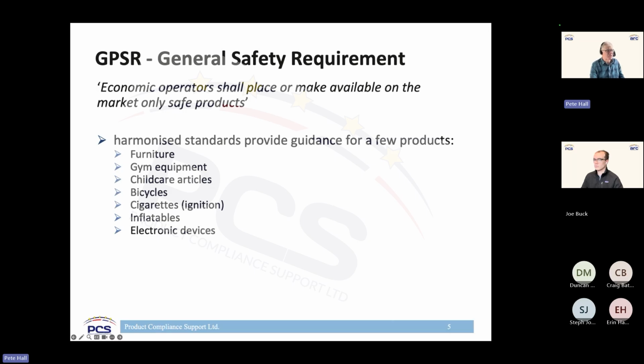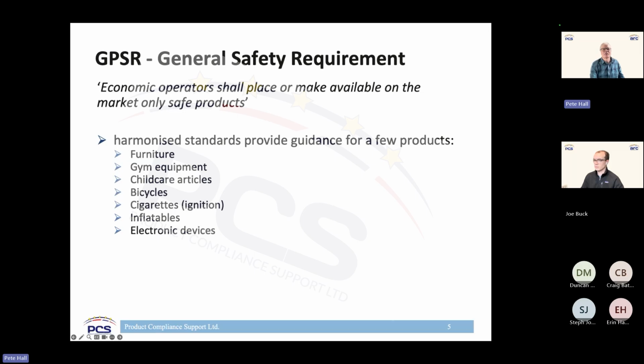And the GPSR is no different, but it doesn't cover that many general products with standards. Only these types of products: furniture, gym equipment, childcare articles, bicycles, cigarettes, inflatables, and electronic devices. They're the only ones that have harmonized standards. So these are the approved standards for complying with the general safety requirement.